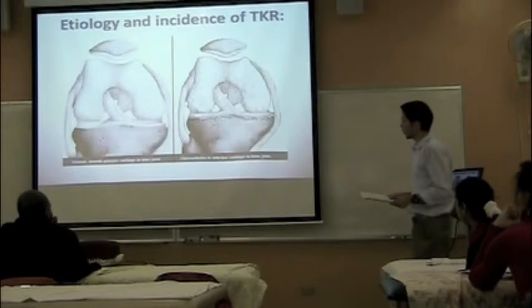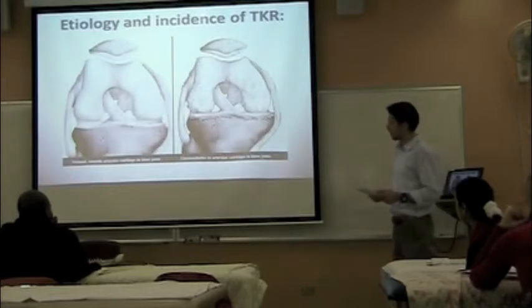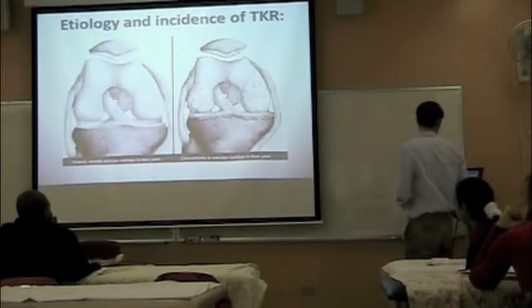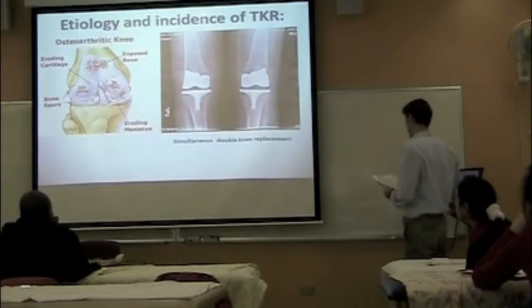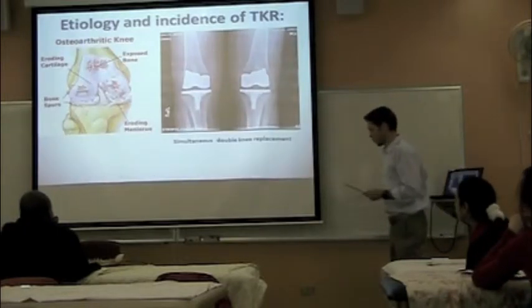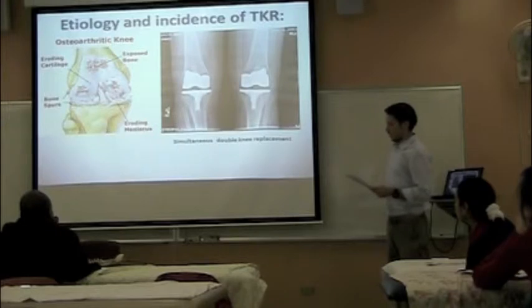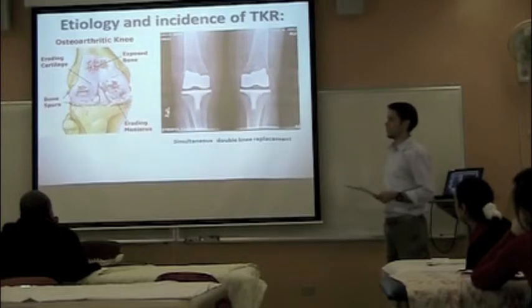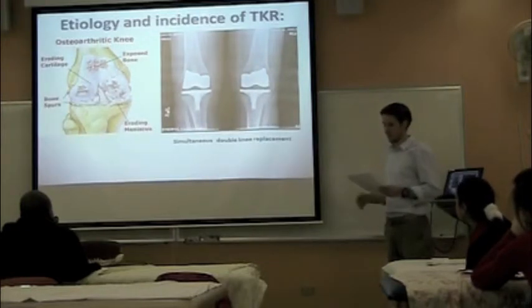Okay, so there's no cure for osteoarthritis either, and the last treatment for this, of course, is a total knee replacement where you'll cut all those surfaces off and replace them. A total knee replacement costs about $15,000, and it's estimated that last year there were about 600,000 of them done in the US alone.